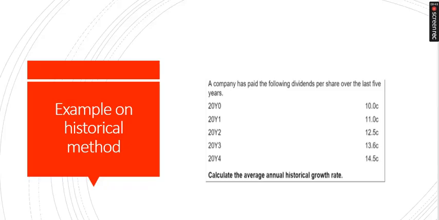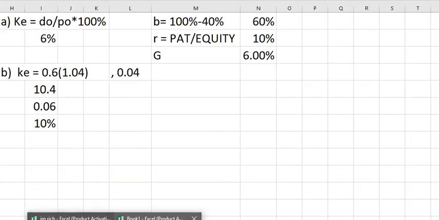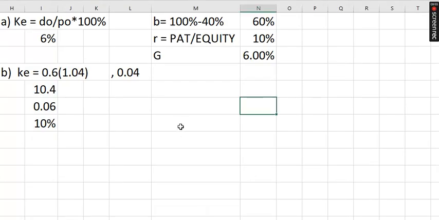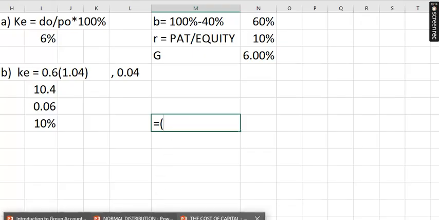So this is how you do it in Excel. Very simple. After I do it, you are going to try it. You write equals, then open brackets. We have said the formula is D0 over Dn. D0 is the current dividend, the new dividend.